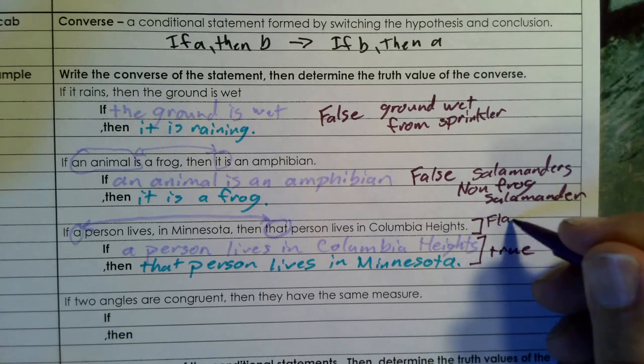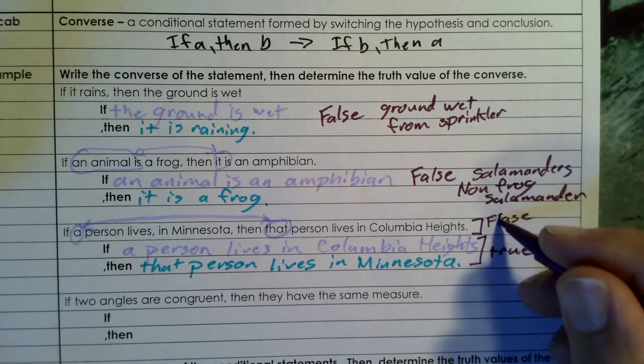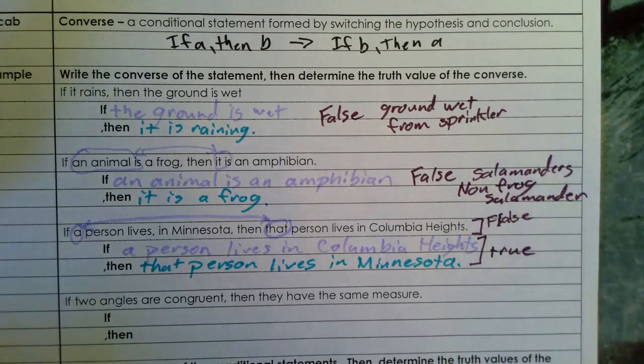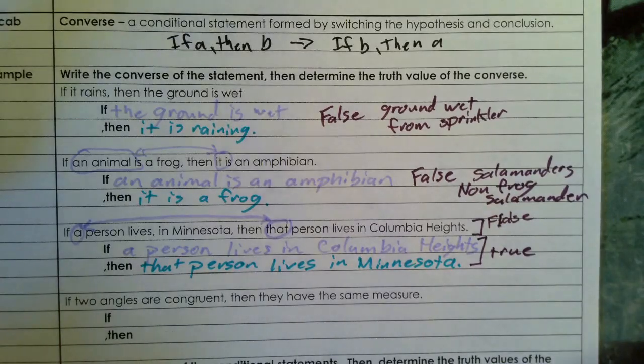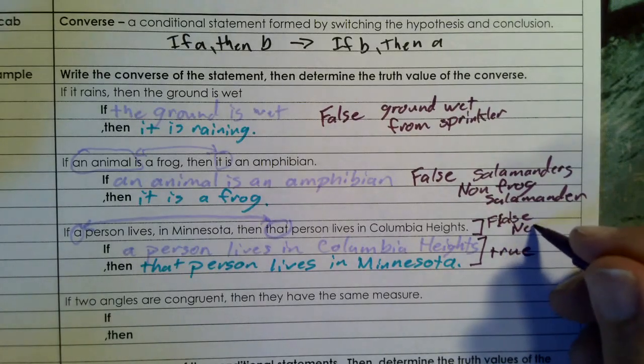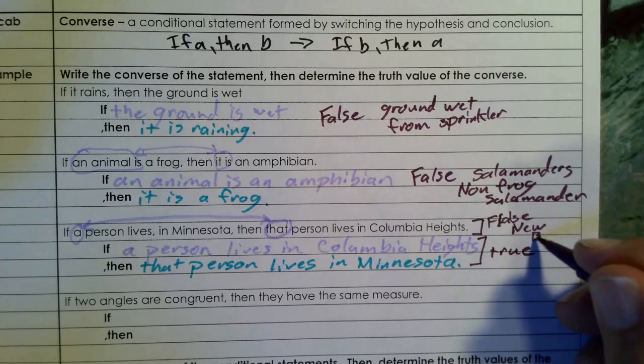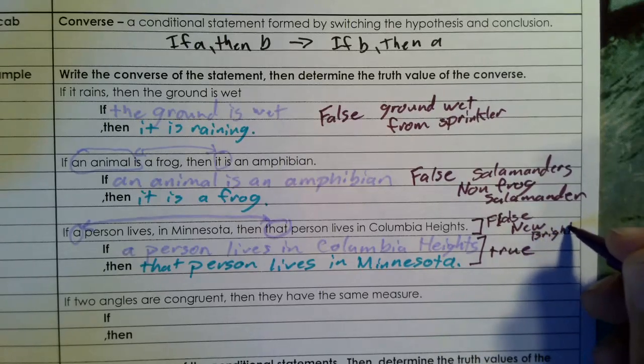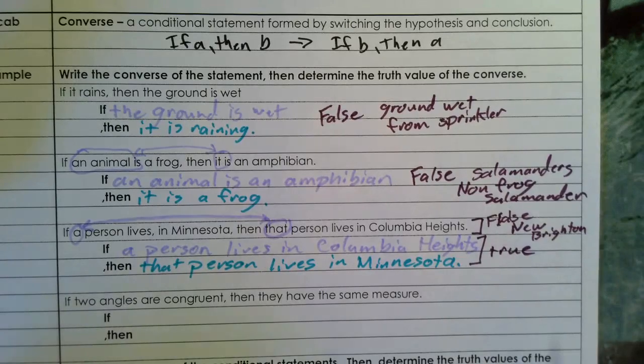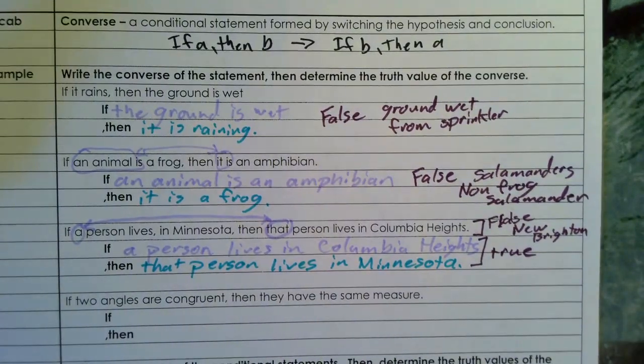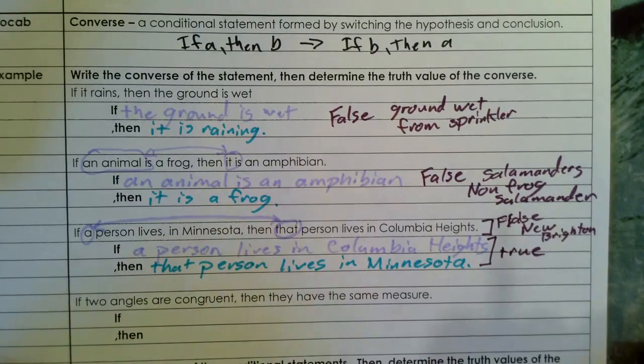So you can live in Minnesota but not in Columbia Heights, so the original is false. What about New Brighton? That's where I lived before Heights. You could also say a non-Columbia Heights suburb of Minnesota. Our original statement was false, but our converse is true.